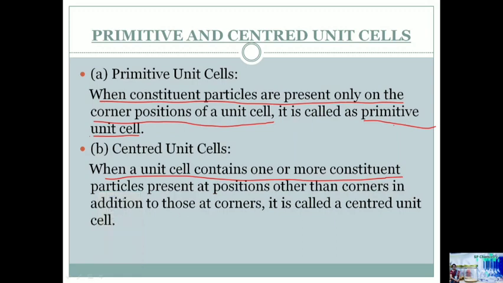That means what is the difference between primitive unit cells and centered unit cell? In primitive unit cell, constituent particles are present only on the kernel position. But in centered unit cell, constituent particles are present at position other than the kernels in addition to those at kernel. Clear?